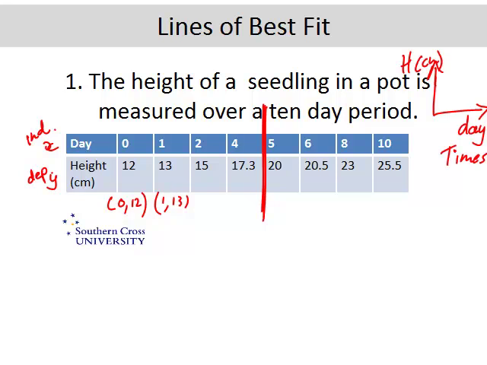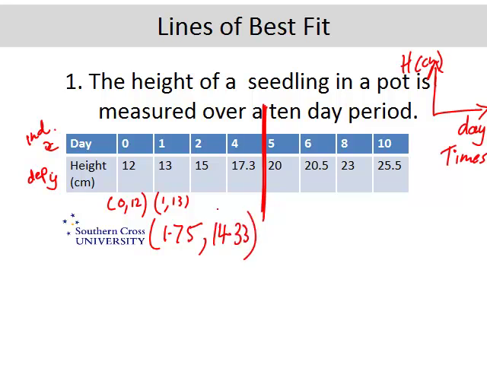What we need to do is come up with an average x and an average y for the lower half, and an average x and an average y for the upper half. I'm going to speed this process up a bit and just give you what those are. The average of 0, 1, 2 and 4 is 1.75, and the average of 12, 13, 15 and 17.3 is 14.33.